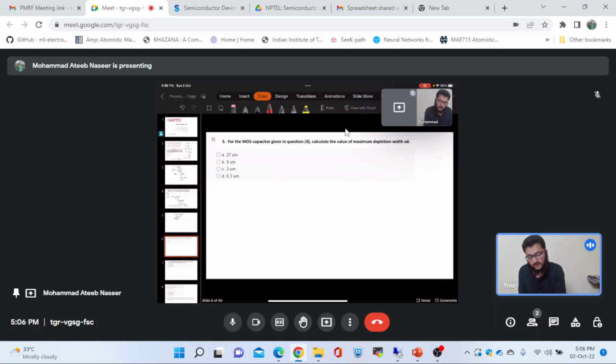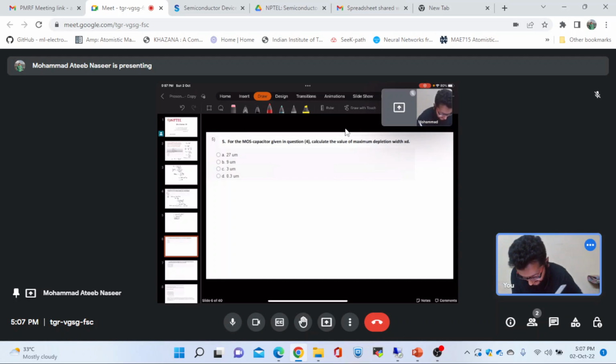To calculate the depletion width, we need parameters like phi f, and the surface potential at which the pinning has occurred. For that we will assume that the pinning has occurred at 2 phi f.